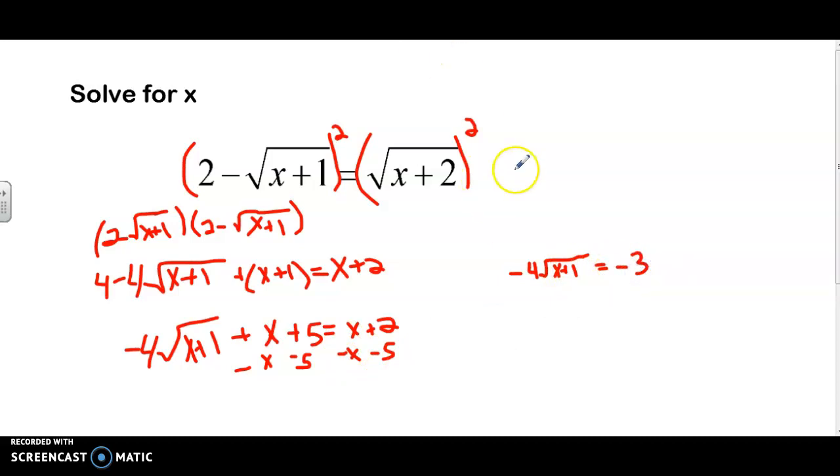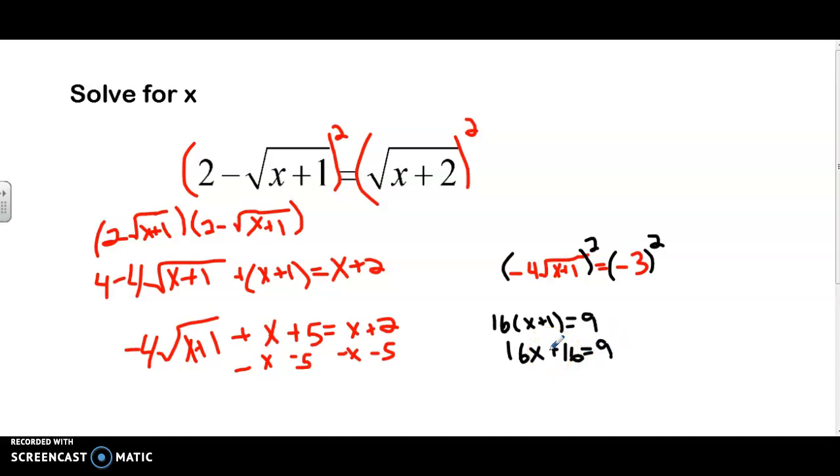Now at this point, I can square both sides again. And I get 16 times x plus 1 equals 9. So 16x plus 16 equals 9.